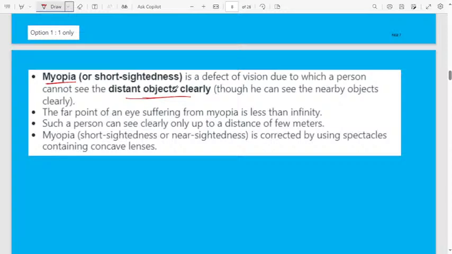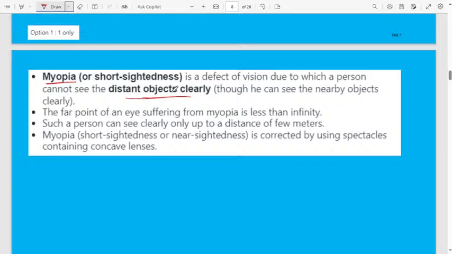Okay, myopia is nothing but short sightedness, a defect of vision due to which a person can't see a distant object. He can see only the near object. That person is not able to see a far object clearly, but he can see a near object clearly. That defect we consider as myopia.